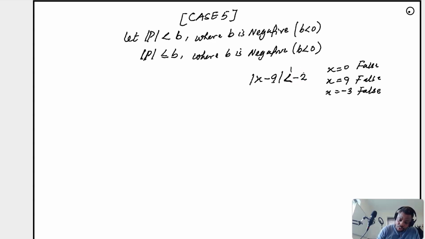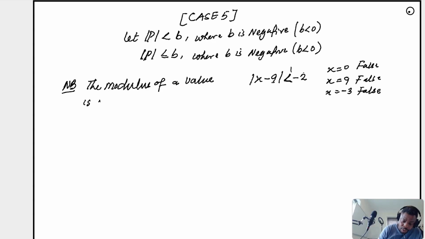So it tells you that when you are dealing with a negative value on the other side of the modulus, it is always no solution. If I have something like the modulus of x minus 9 less than minus 2, this will be no solution, because the modulus of a value is always either 0 or positive.